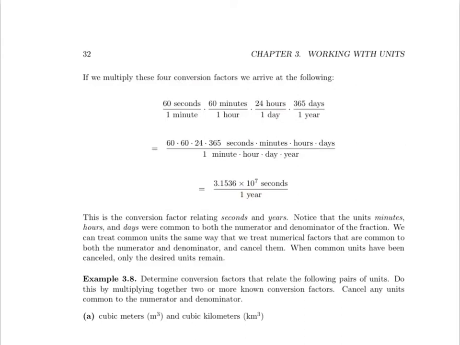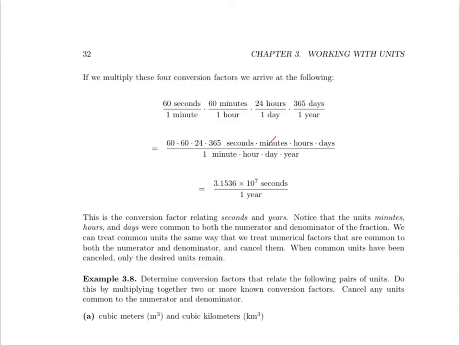If we treat the units the same way we treat other numerical factors, then we should be able to do some unit canceling here. Notice, for example, that minutes occurs in both the numerator and the denominator. And these are factors. These units are just like numerical factors. When numerical factors are common to the numerator and denominator, we cancel them.